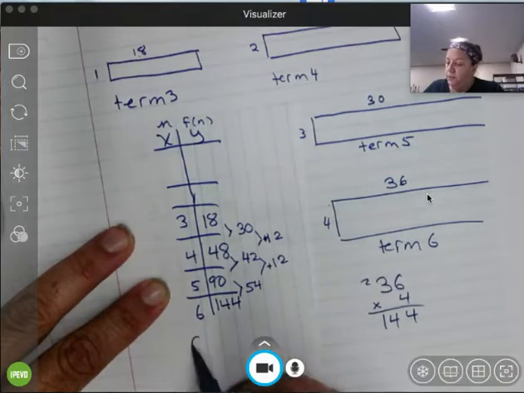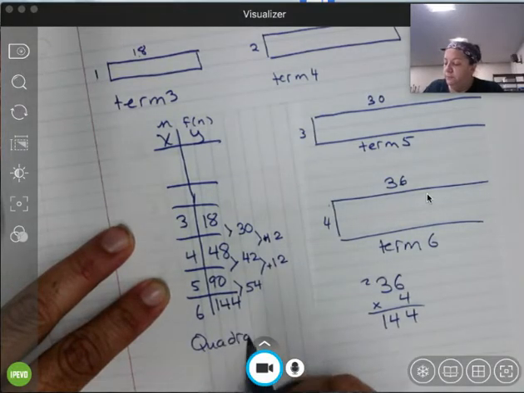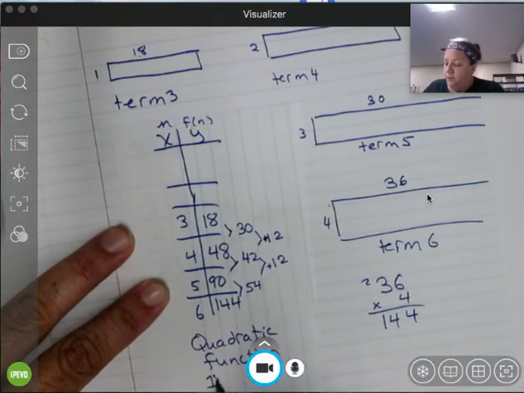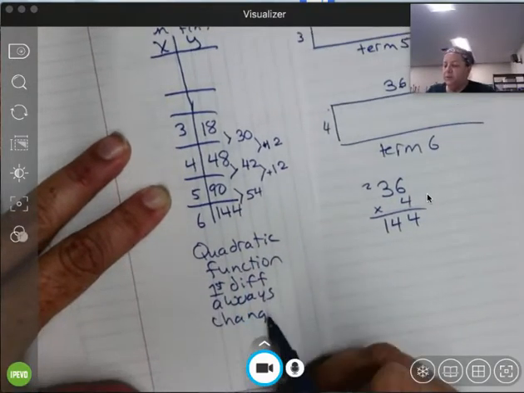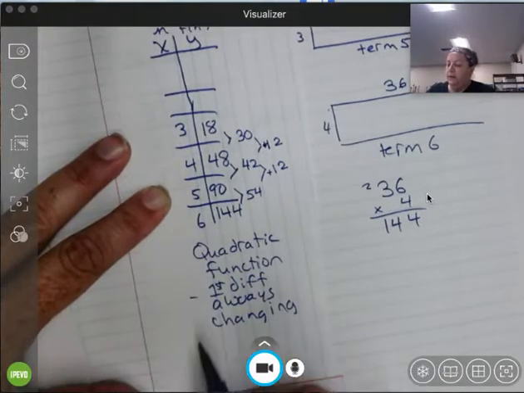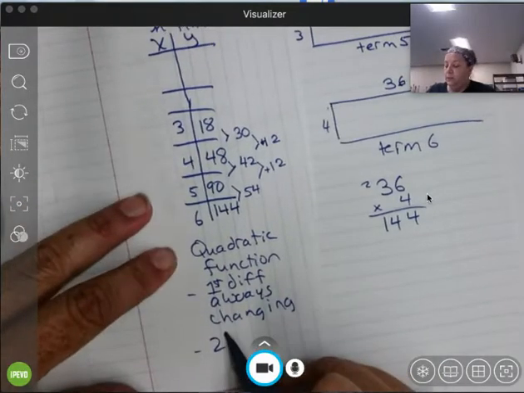And so we know this is a quadratic function because the first differences are always changing, and the second differences are constant, which means never changing.